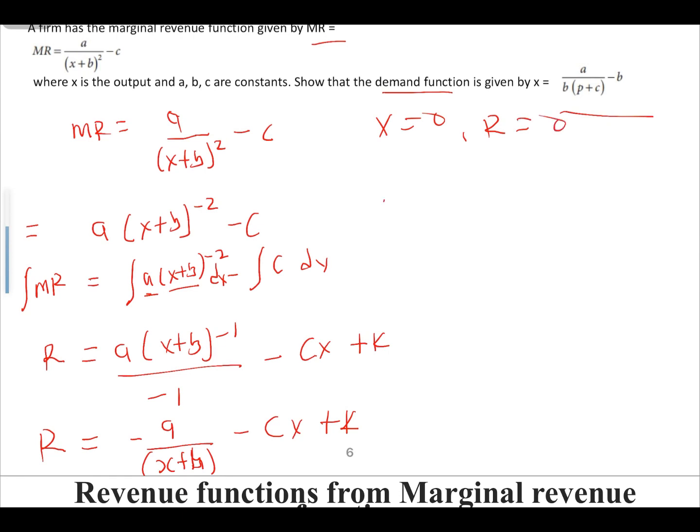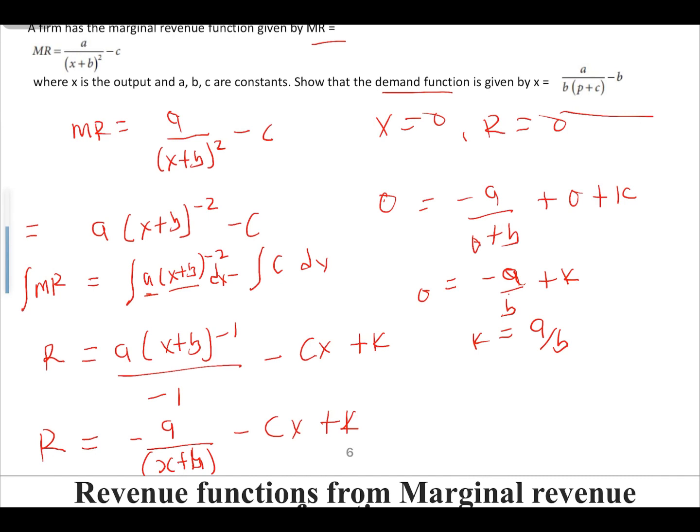So I have 0 equal to negative A over (0 plus B) minus 0 plus K, and therefore 0 equals negative A over B plus K, and so K equals A over B.